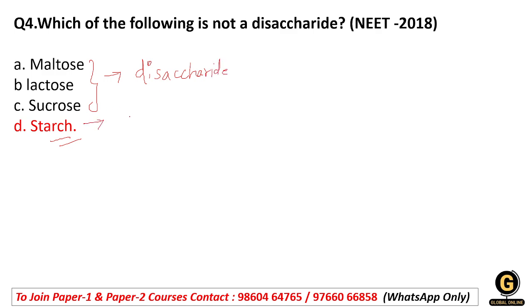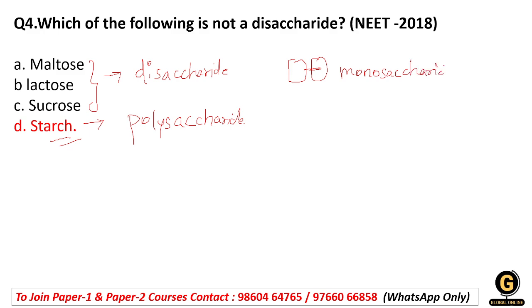Students, you might know what is the difference between polysaccharide and disaccharide? Yes, disaccharide means when two monomers are coming together. Suppose these are two monomers forming together or coming together. Yes, disaccharide is made up of two monosaccharides.